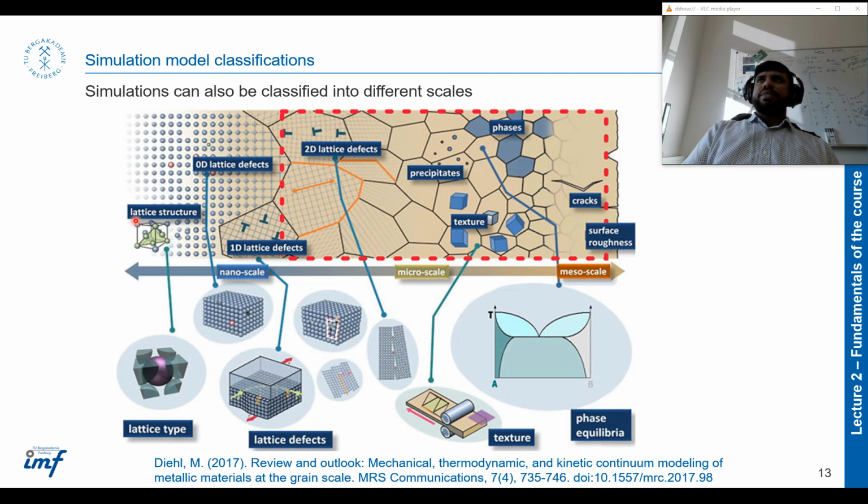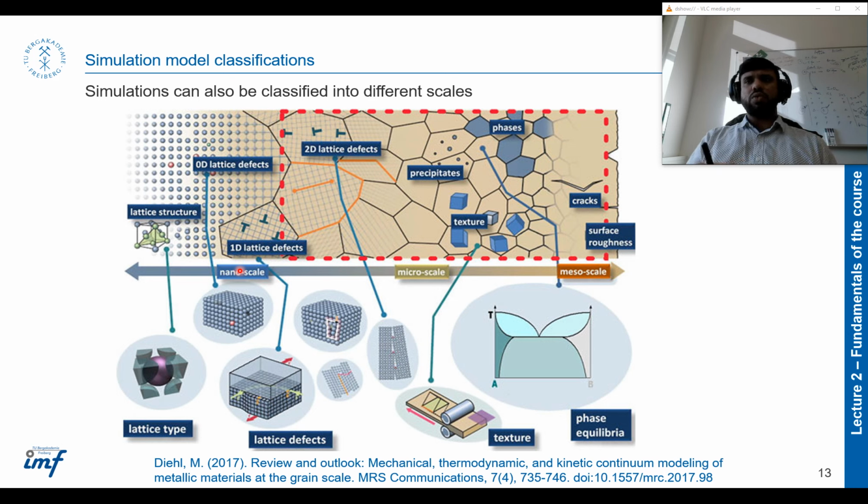So until now, we have been looking at the possibility of material deformation and material formability on the bulk side, but there are also different scales. For example, below the macroscopic scale, there is a mesoscale, microscale, and nanoscale at which the material deformation is also analyzed and studied, and this is something which we will also consider in our course.